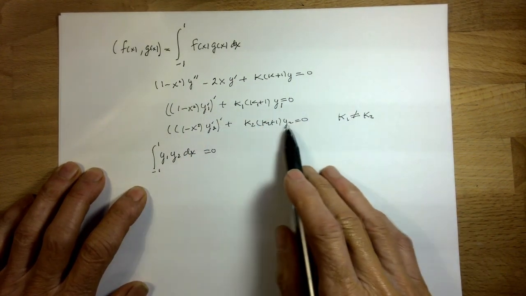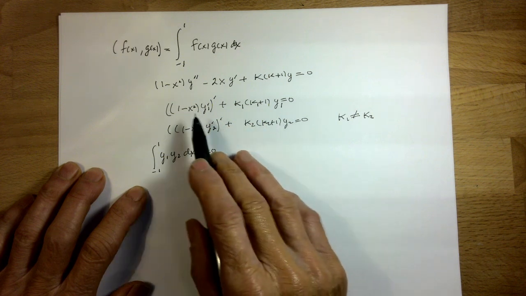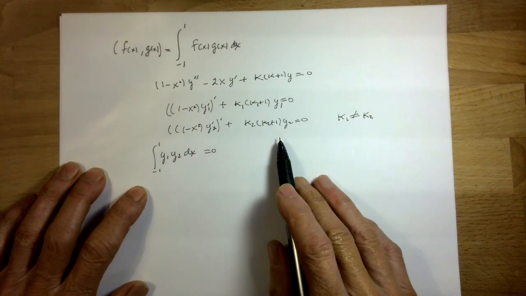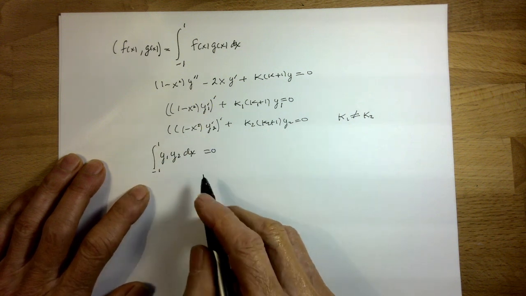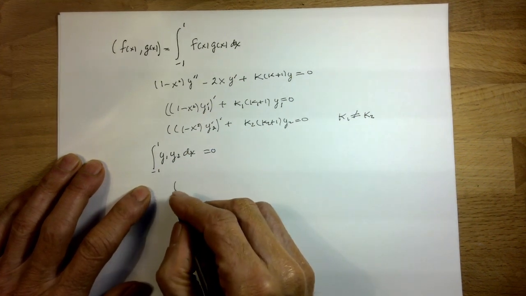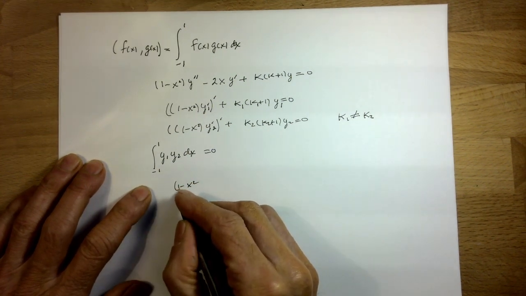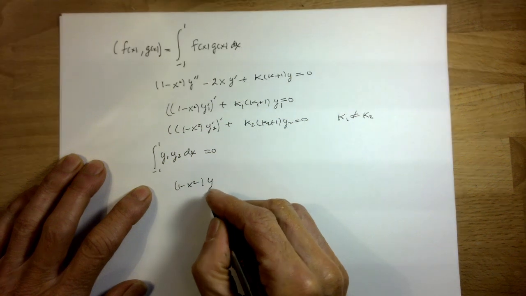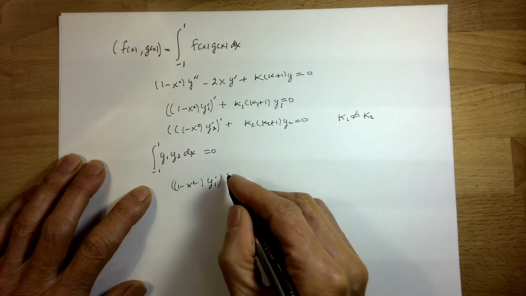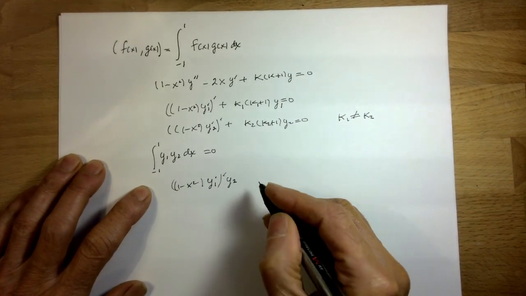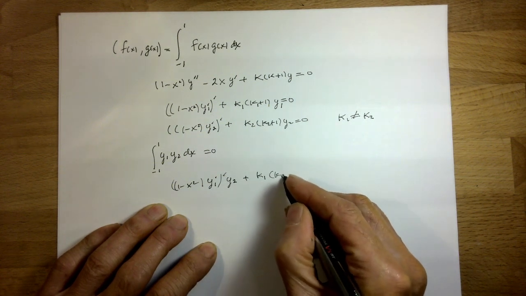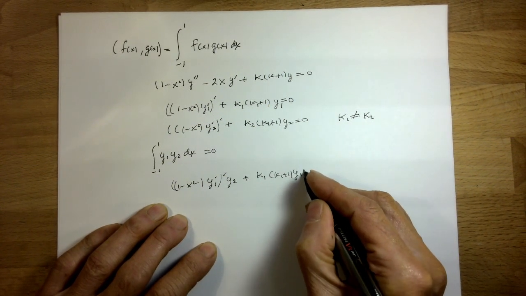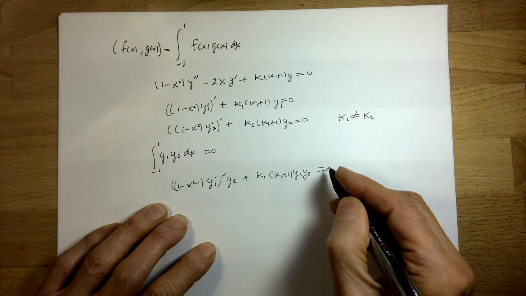The way we're going to do that, we're going to take each equation and multiply it by the other solution. And so we're going to get two equations: the derivative of (1 minus x squared) y1 prime, times y2, plus k1 times (k1 plus 1) y1 y2, equals 0.